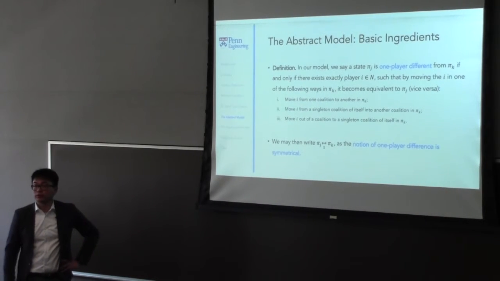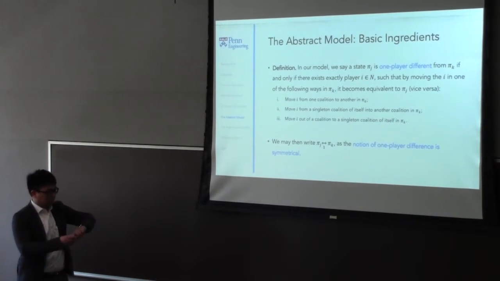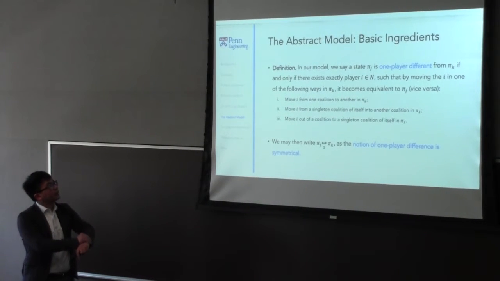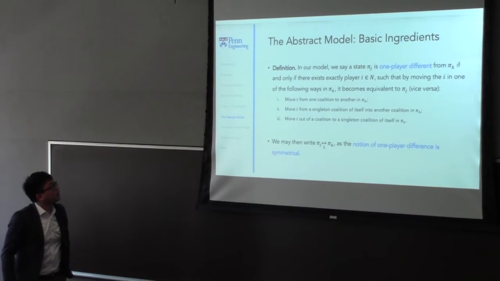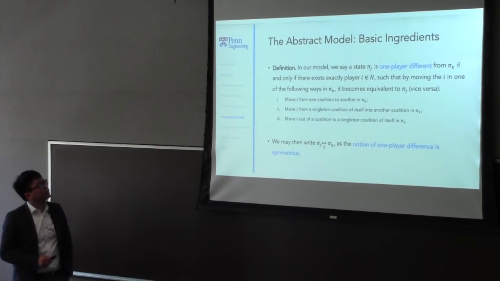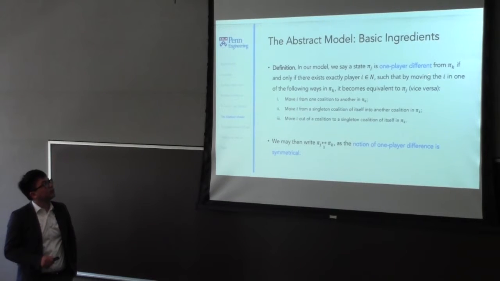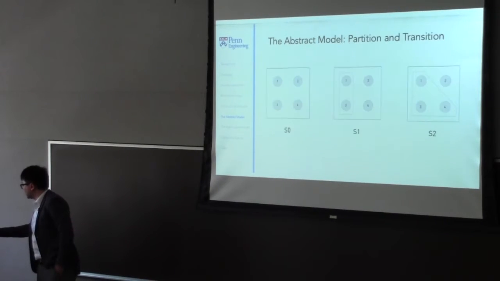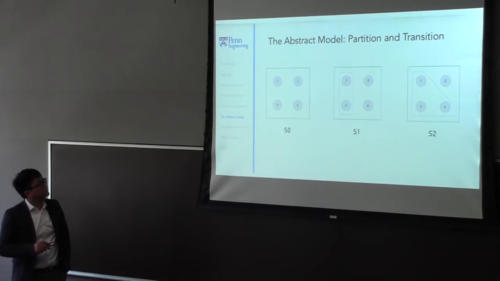So in the state diagram, if you were to construct such a thing, you would say a state pi j is one player different from pi k if and only if there exists exactly one player i in N, such that by moving the player i in one of the following ways in pi k, it becomes equivalent to pi j, or vice versa. I think it's easy to illustrate with the chart here. You see that S0 and S1 are what we call one player different.